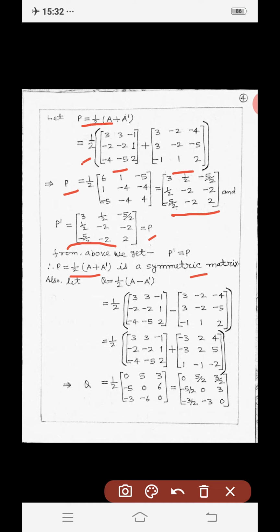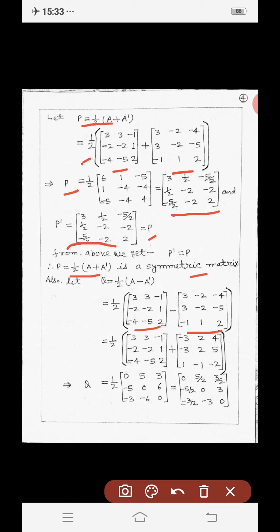Again we have Q is equal to 1 by 2 into (A minus A transpose), and this is equal to 1 by 2 into [3, 3, minus 1; minus 2, minus 2, 1; minus 4, minus 5, 2] minus [3, minus 2, minus 4; 3, minus 2, minus 5; minus 1, 1, 2].